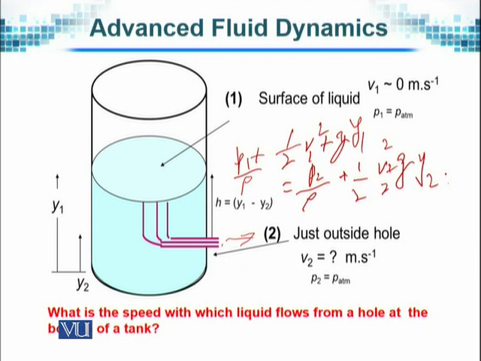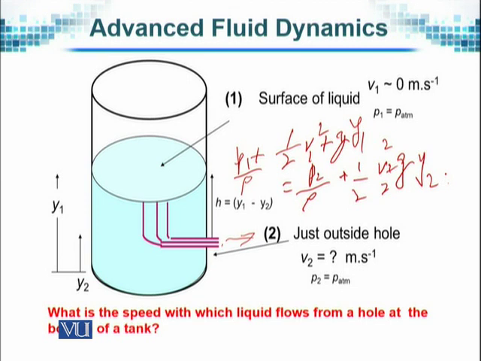As we open the tap, the flow will start, and just at the start V1 will be almost 0. The pressure at point 1 at the upper level will be equal to atmospheric pressure, and the pressure at the bottom will also be the atmospheric pressure, as the condition of the problem dictates.